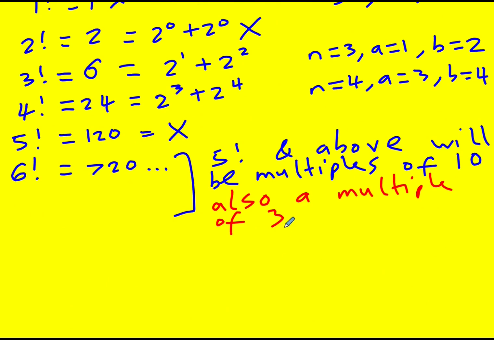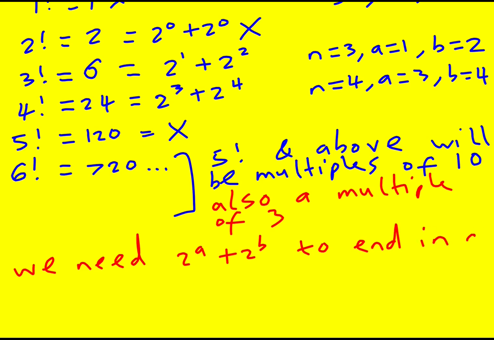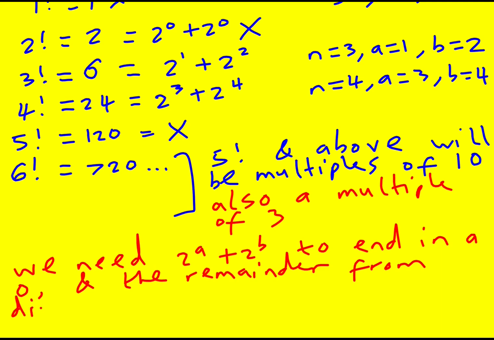So we need 2 to the a plus 2 to the b to end in a 0, and the remainder from dividing by 3 to also be 0.